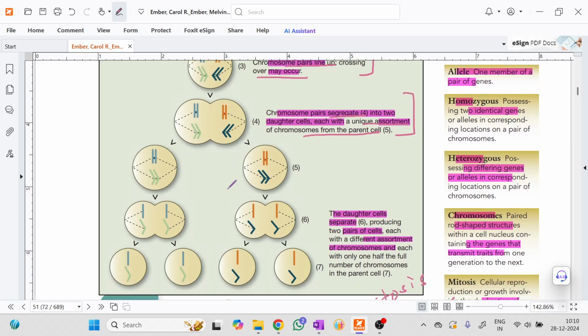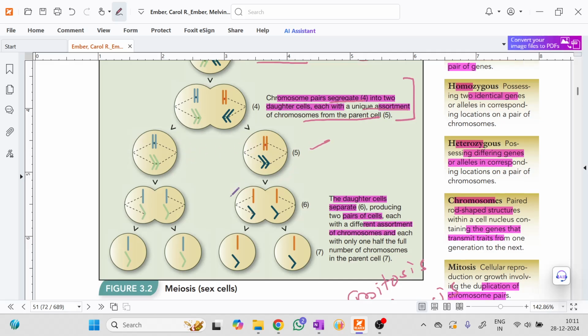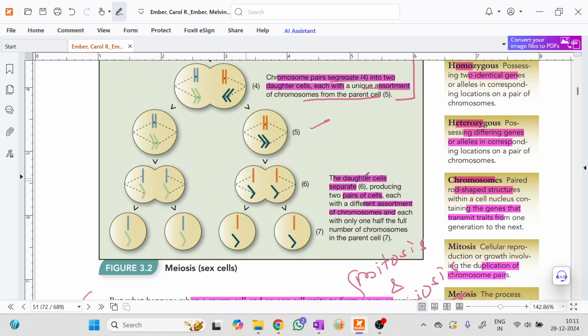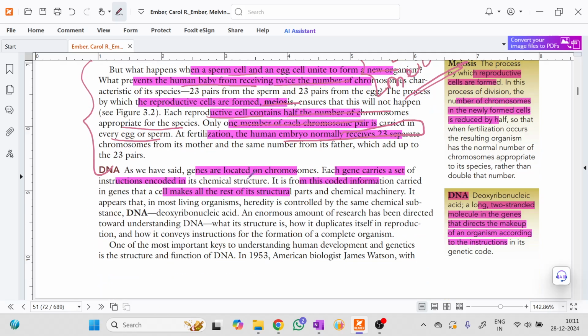And now these cells divide in the fifth diagram. Then in the sixth diagram, the daughter cells both separate, and while separating, each one of them has a different assortment of chromosomes, which you can see here. This is how meiosis happens.